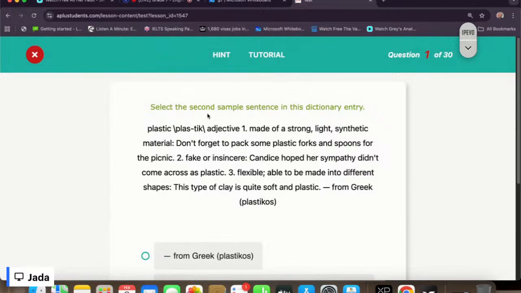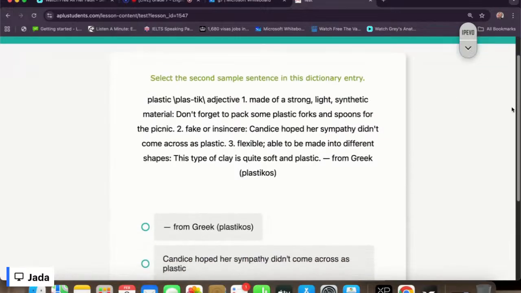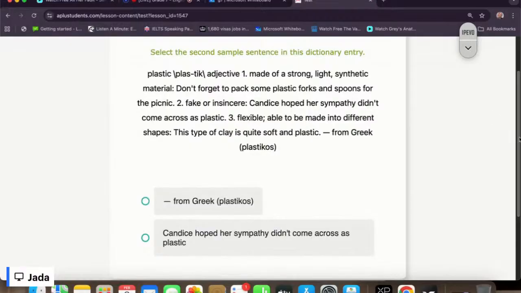All right, so select the second sample sentence in this dictionary entry. So, what's the second sample sentence? Give me your answer on the chat.